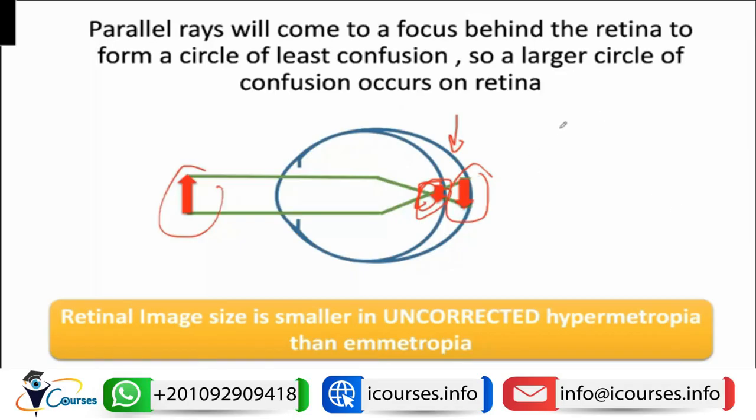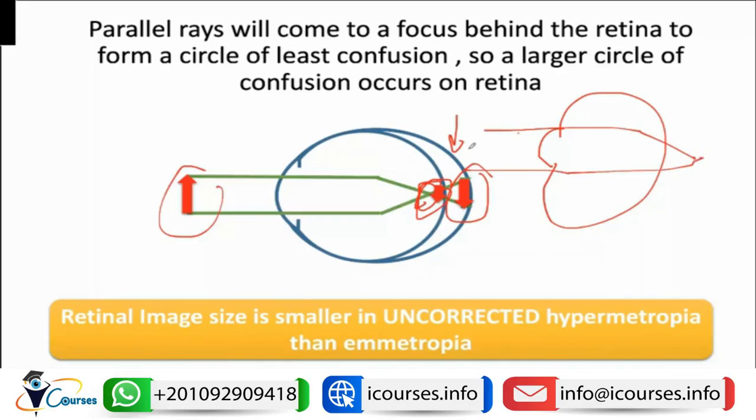Here we have the hypermetropic eye, which is a smaller eye that forms a focus behind the eye like this. The eye itself doesn't form a focus on the retina, but it forms a circle of confusion. Because the eye doesn't have a sharp focus over the retina, it is formed by the light rays that are converging to form a circle of confusion on the retina.